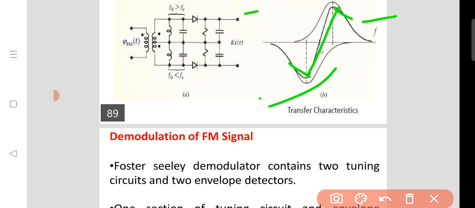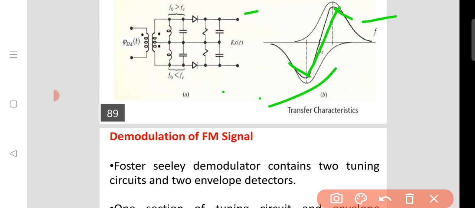By comparing both characteristics, this middle line is our actual desirable output at the output side of the demodulator. Here both are fed to the next envelope detectors.